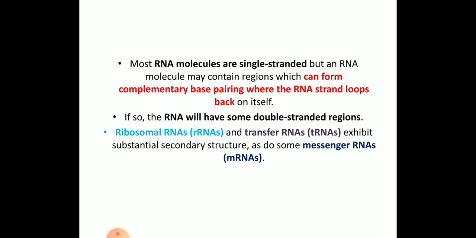Most RNA molecules are single stranded and can form complementary base pairs within the RNA, so they loop back and have different structures. These can form double-stranded regions in the form of tRNA, transfer RNA, mRNA, messenger RNA, and rRNA, ribosomal RNA. These structures are very important from the examination point of view also.